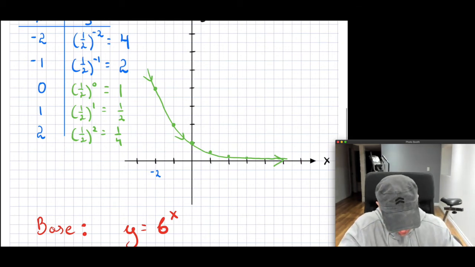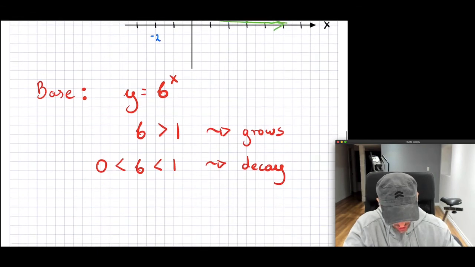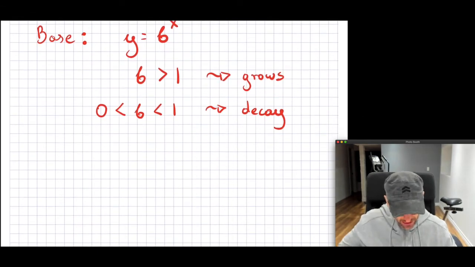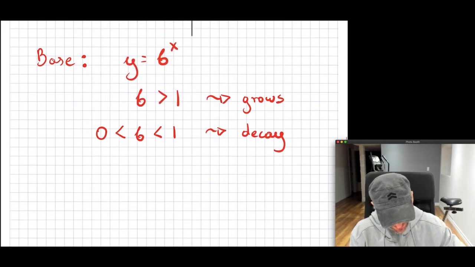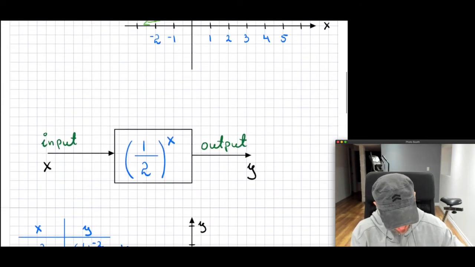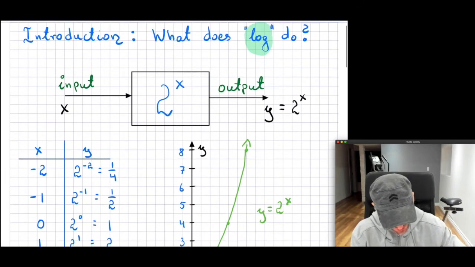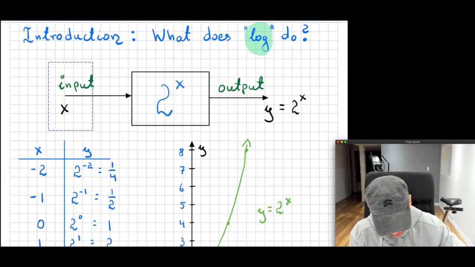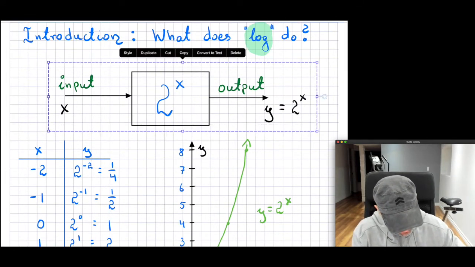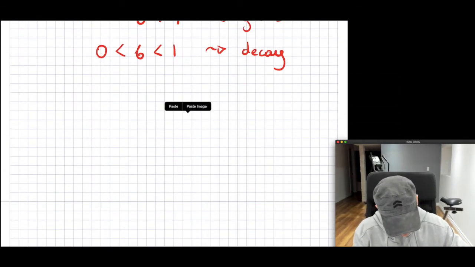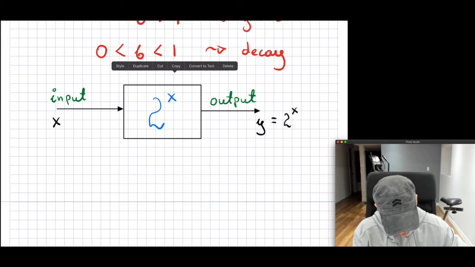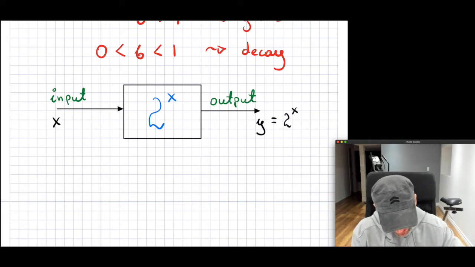So now, how is this being tied into logs? Well, I'm going to copy this right here, and I'm going to paste it right there.